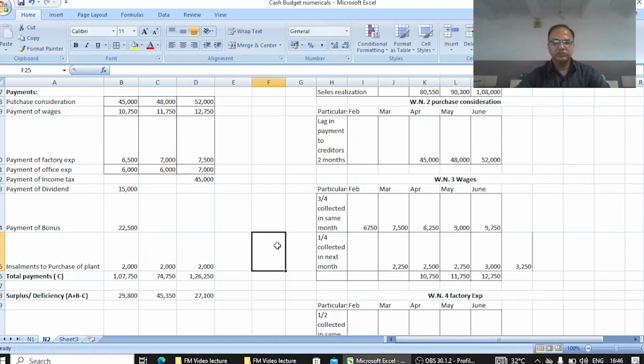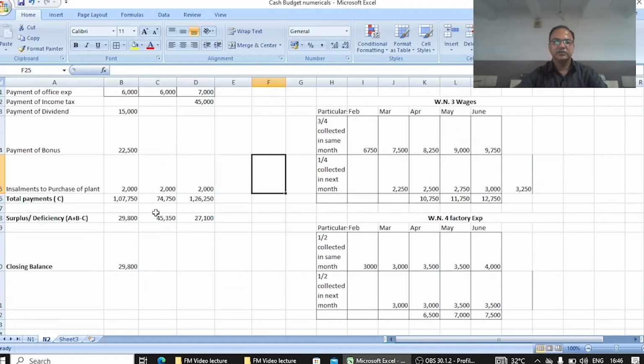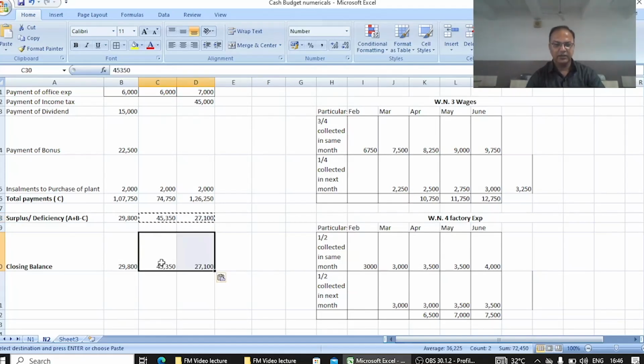This is surplus or deficiency. Same is the closing balance. So here question is complete. I think all of you have understood without any problem. Now today's session is complete.